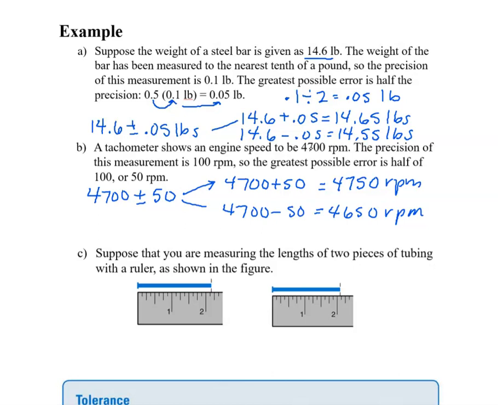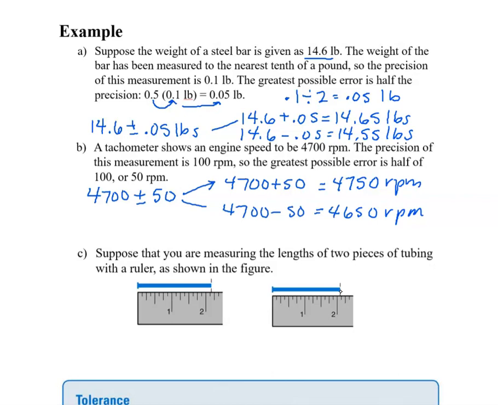So it looks like our precision would be up to 1/8. And if you look really close, which is hard to see, this one looks like it's a little bit over 2 1/8. This looks like it's a little bit under 2 1/8. With our human eye, we're going to have a little bit of error there. We're not going to be able to get it perfect.